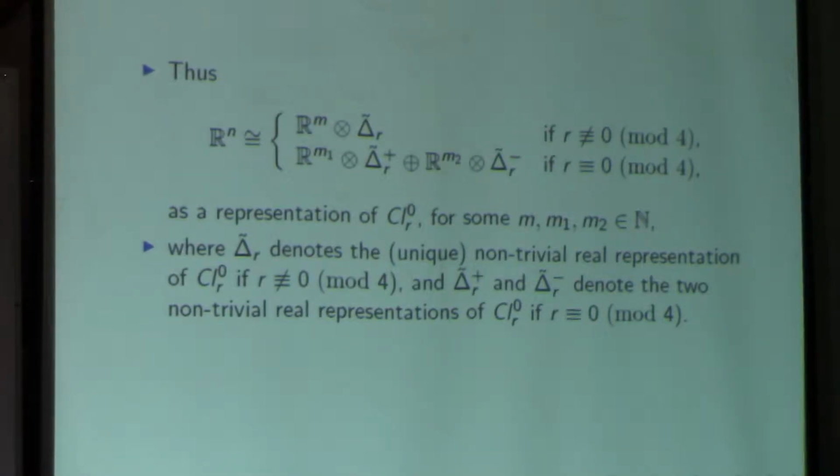Okay? And that means that, because of the simplicity of this guy, R^n must be a number of times the spin representation, the real one of the corresponding rank, or in the case of R congruent to 0 mod 4, a sum of the positive one with a certain multiplicity plus the negative one with another multiplicity.